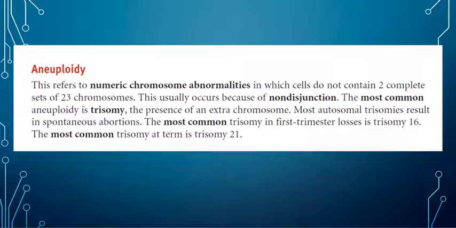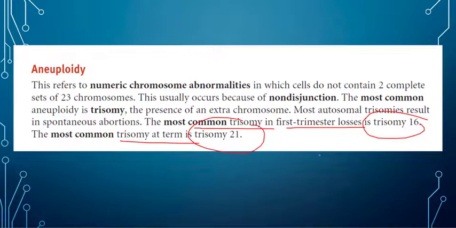Sometimes there is an extra chromosome that causes this aneuploidy. The most common aneuploidy is trisomy. Trisomy means there is an extra chromosome. So there is trisomy 21, trisomy 16, trisomy 18. If they ask you what is the most common trisomy in first trimester pregnancy loss or miscarriages, that's trisomy 16. And if they ask you what is the most common trisomy at term, that's trisomy 21.